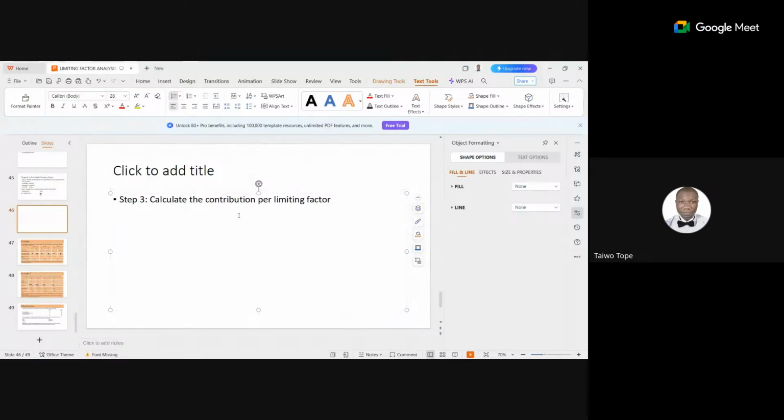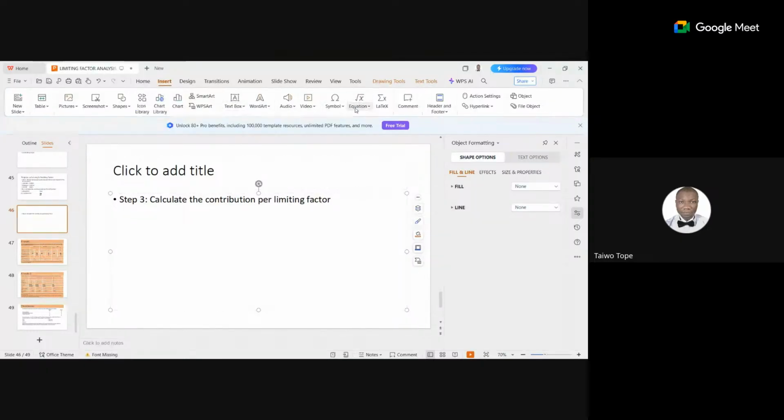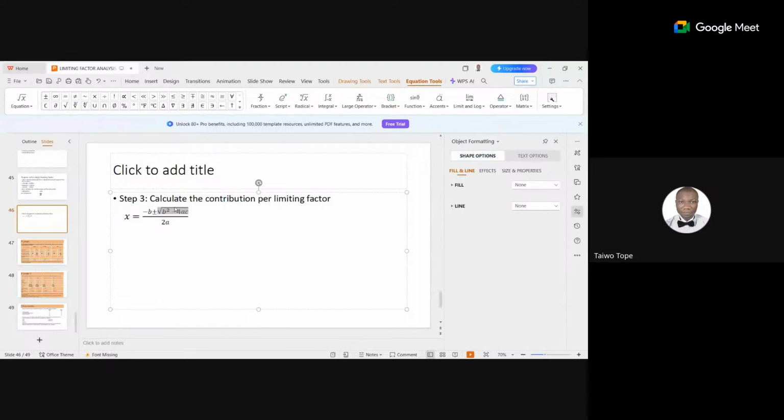So when you determine the number of hours, or the quantity of material you need to produce 1 unit of a product, you divide your contribution per unit by it to get contribution per limiting factor. You can do that in this form.